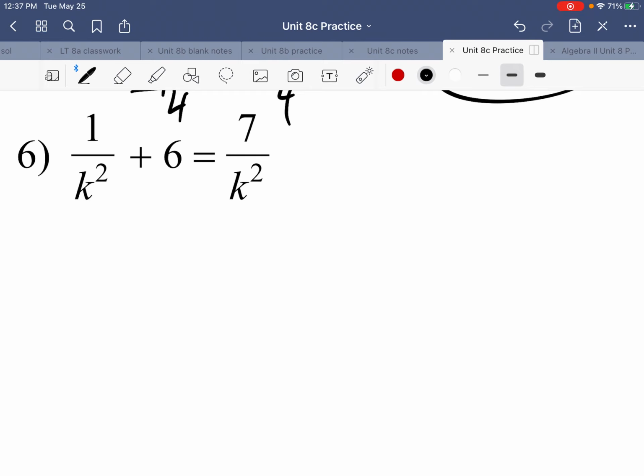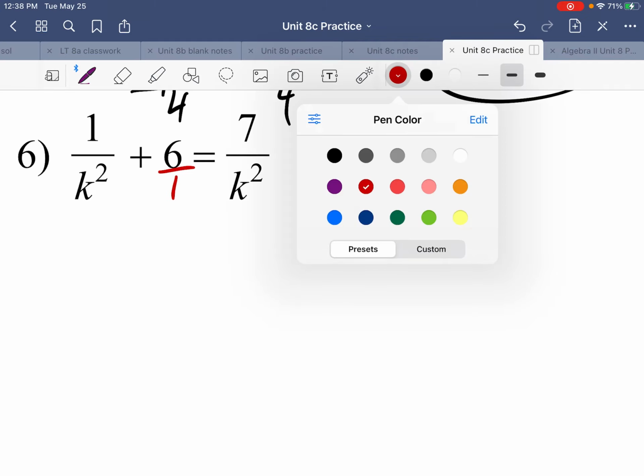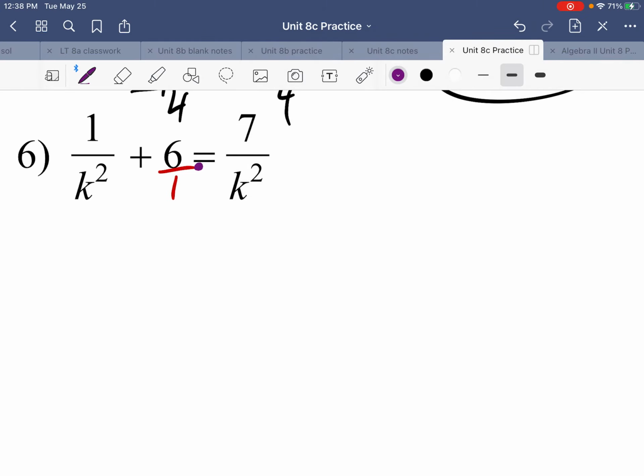Number 6. Doesn't look like we have a denominator on 6, but we do. It's 1. And what would be a common denominator? k squared. So our denominator is k squared. We have 1 plus 6k squared equals 7.